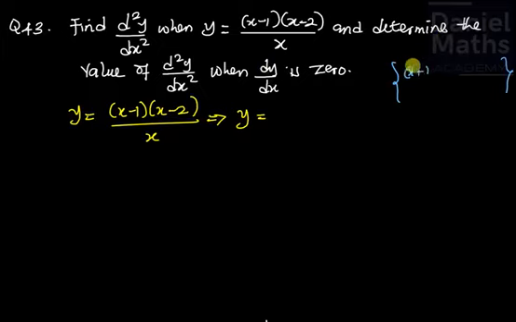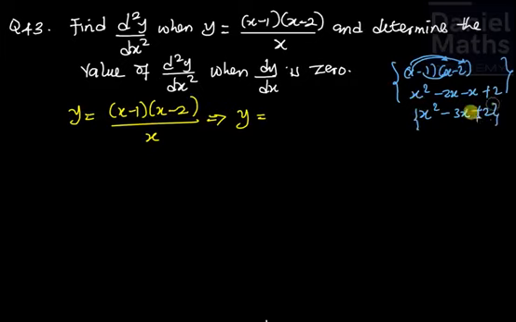This times this gives us x squared. This times this gives us minus 2x. This times this gives us minus x. This times this gives us plus 2. So this is x squared minus 3x plus 2. So y is equal to x squared minus 3x plus 2, all of this divided by x.